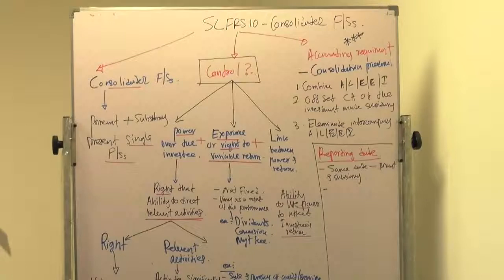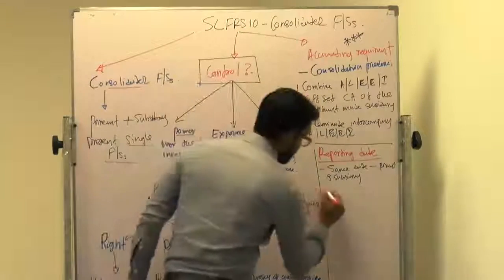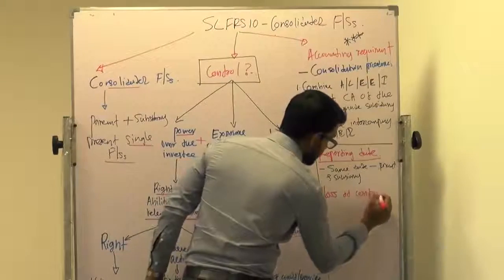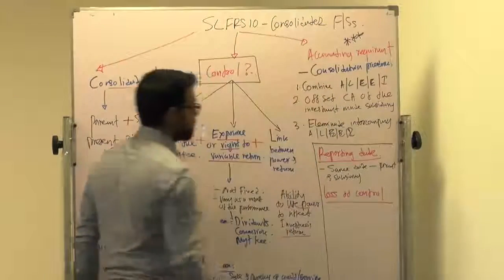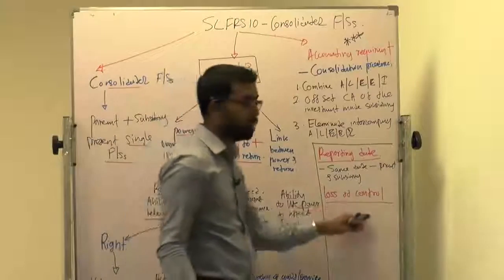You have to understand another thing: loss of control. What will happen if you are losing control? Much more important. Can we prepare consolidated financial statements if you are losing control over the investee?